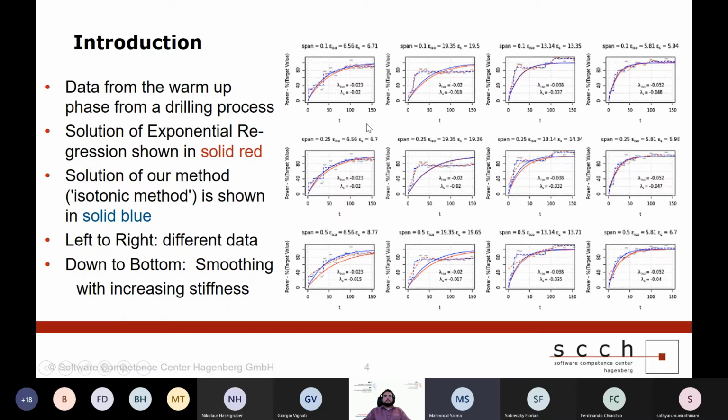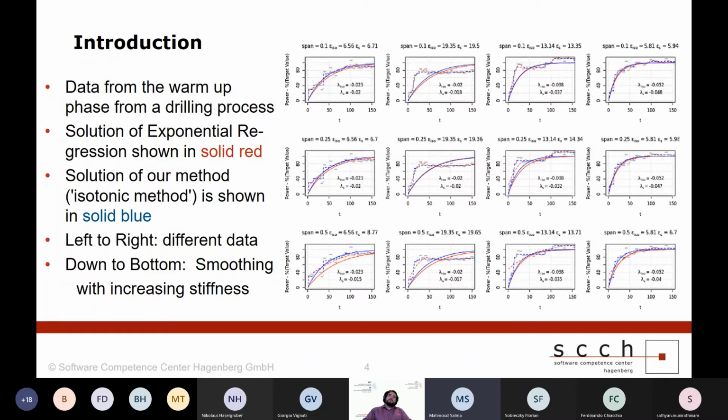From this example, we can see that we have here the epsilon. This is epsilon isotonic, and the other epsilon is the epsilon for the exponential regression, which uses a smoothing parameter.